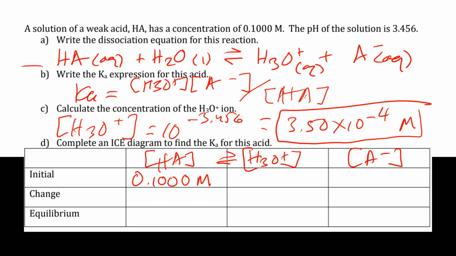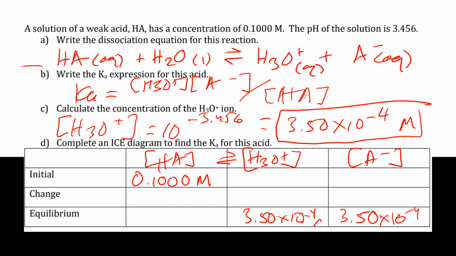It tells you that at equilibrium, the concentration of the hydronium ion is going to be 3.50 times 10 to the negative 4 molar. That means that because they're in the same ratio, it's going to be times 10 to the negative 4 also.